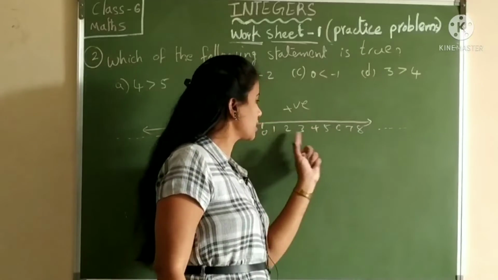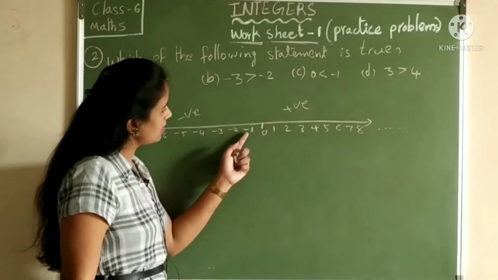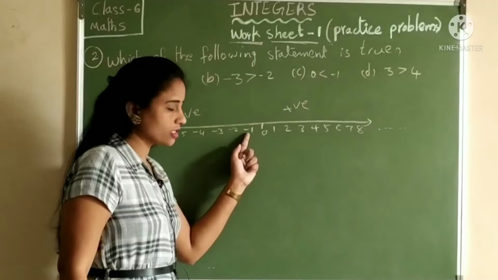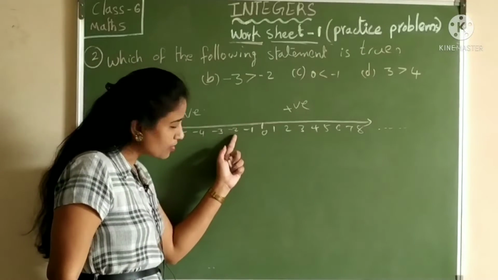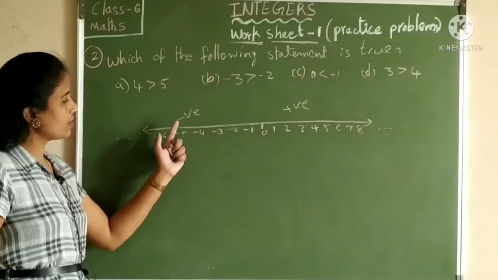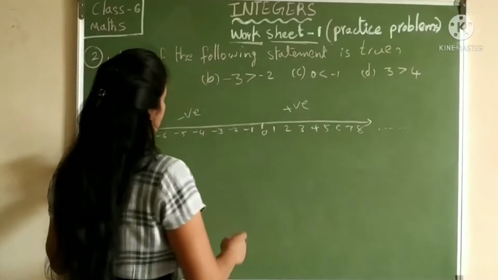These are increasing values. On the left side, minus 2 is less than minus 1, minus 3 is less than minus 2, minus 4 is less than minus 3, minus 5 is less than minus 4. These are decreasing values, right?